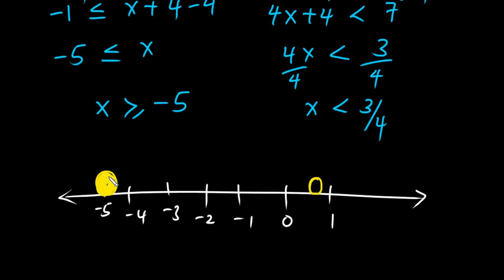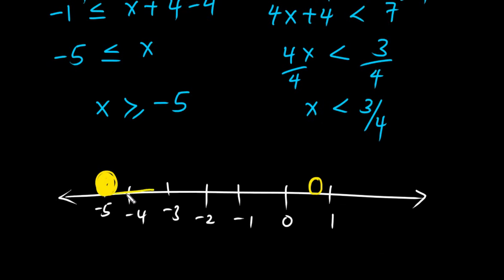So x is greater than or equal to -5. But for this case, x is less than 3/4 or 0.75, so that means 0.75 is not part of that inequality.